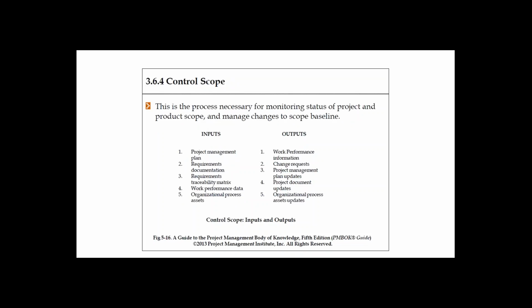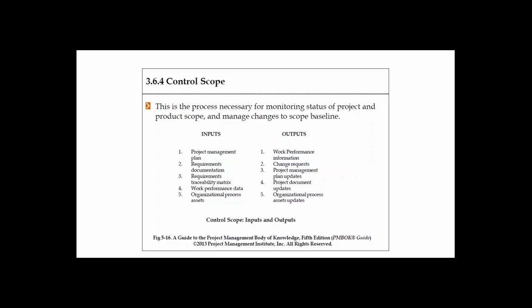Whatever we defined in the scope baseline, we try to align to that. So we control the scope, project deliverables or scope of the project to align with the scope baseline. We'll see what a scope baseline is.